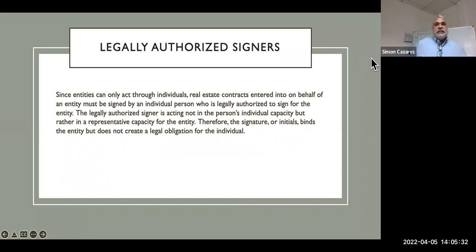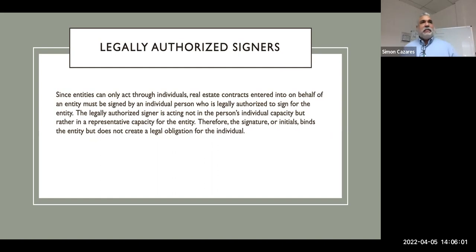So the legal authorization and the signer: since entities can only act through individuals, real estate contracts entered into on behalf of the entity must be signed by an individual person who is legally authorized to sign for the entity. The legal authorization signer is acting not in their individual capacity, but rather in a representative capacity for the entity, okay?